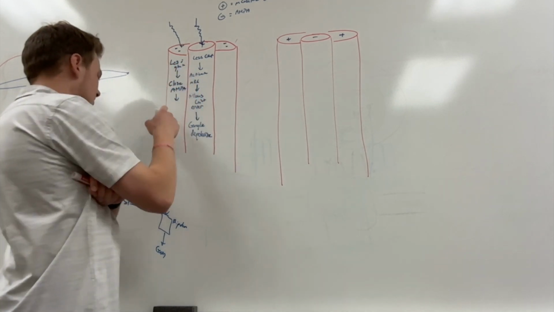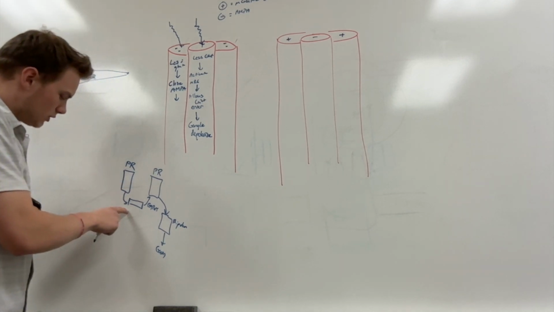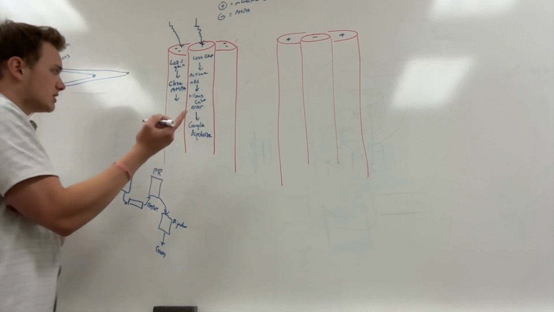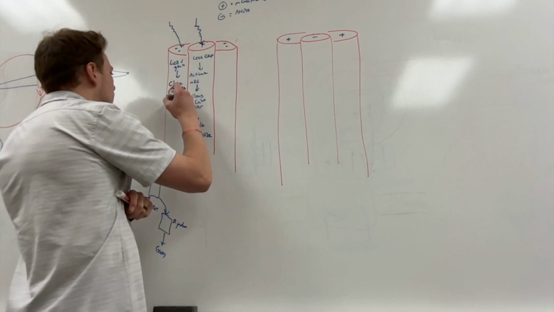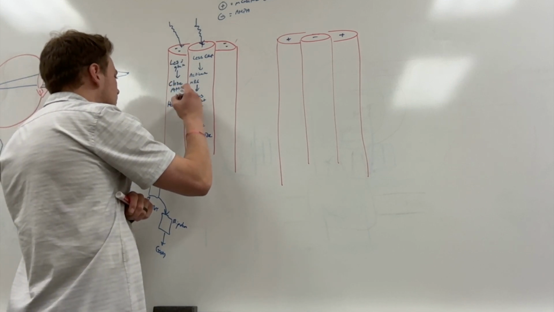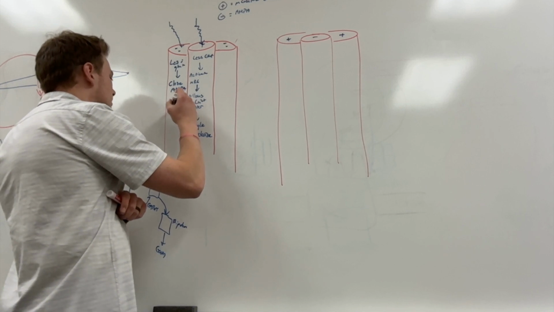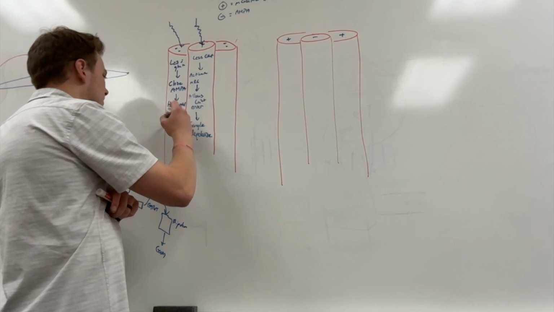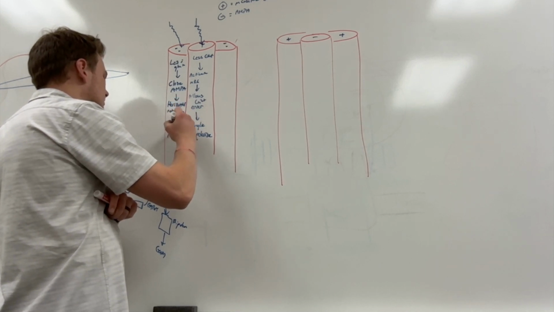If you think about our pathway, from here to there, we're no longer releasing glutamate to stimulate our horizontal cell. If we're not stimulating a horizontal cell, then we're not releasing GABA. So horizontal cell not stimulated, then GABA not released.